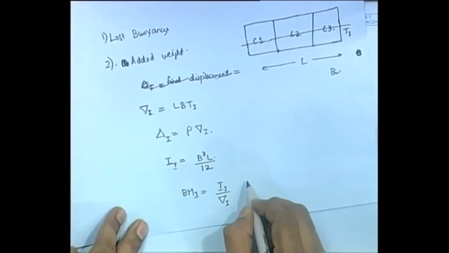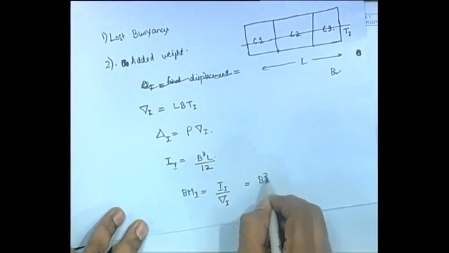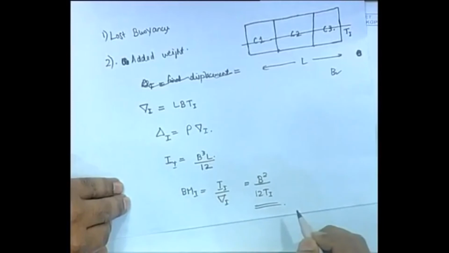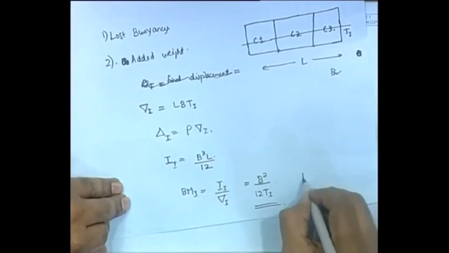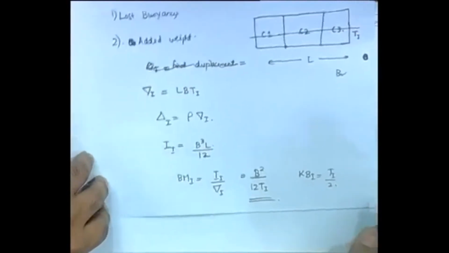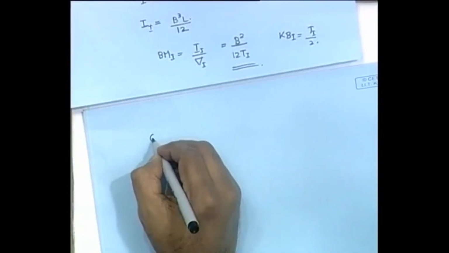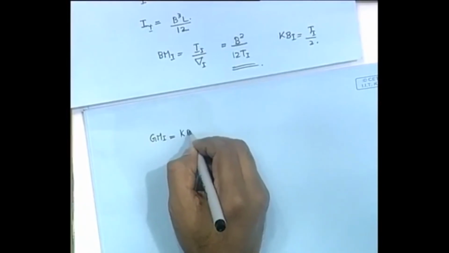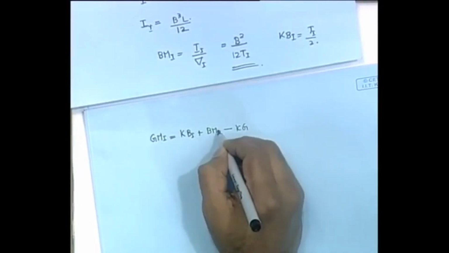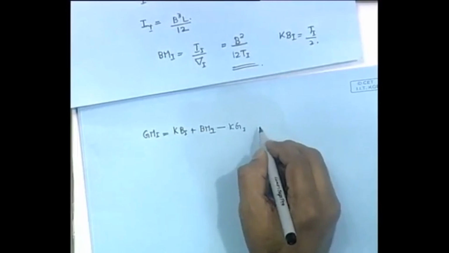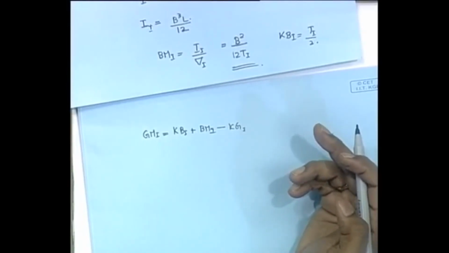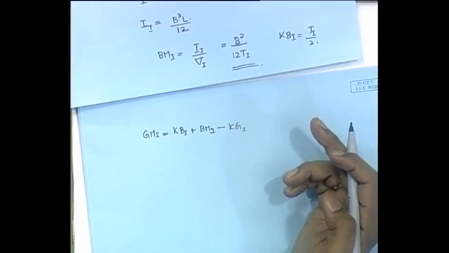Because it is a box shaped barge, it is b square by 12 T I. This will give you your Bm initial, and the position of your center of buoyancy initially will be T I by 2.